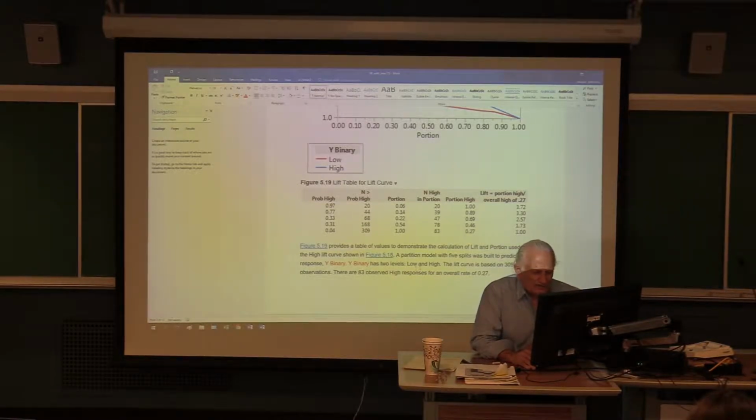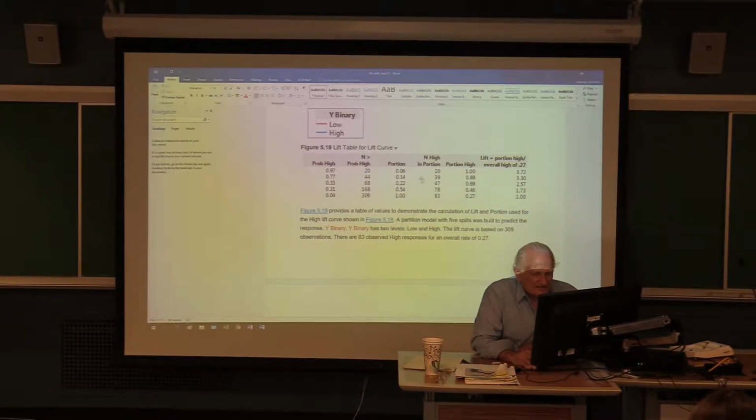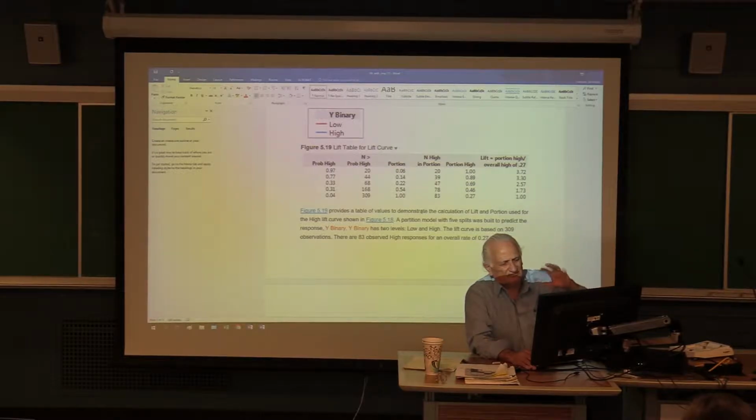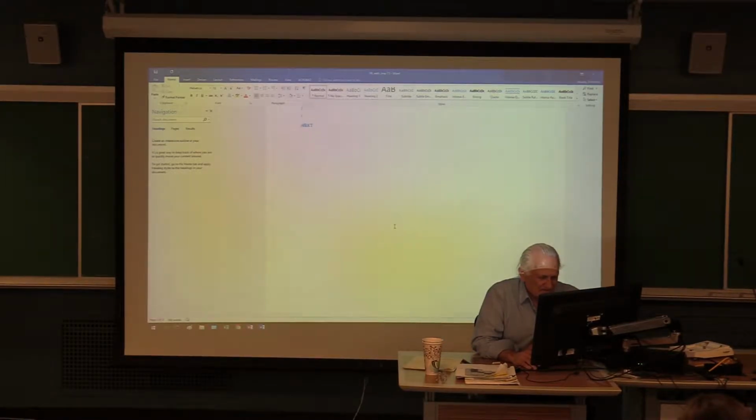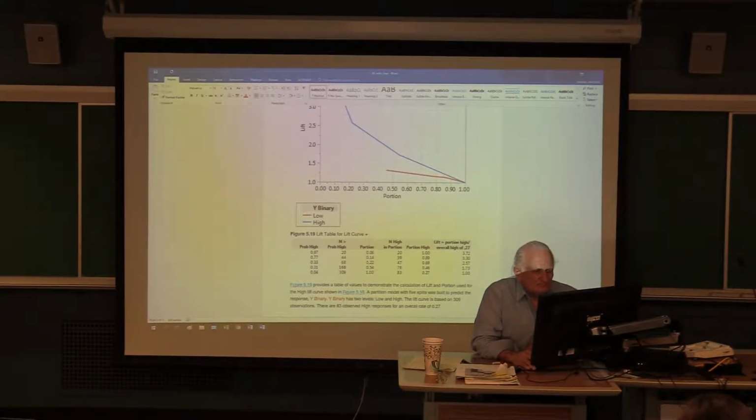When they say low and high, high is 1, low is 0. So when they say number of high, this is number of ones. And I think when I made up my numbers, I messed up this a little bit.